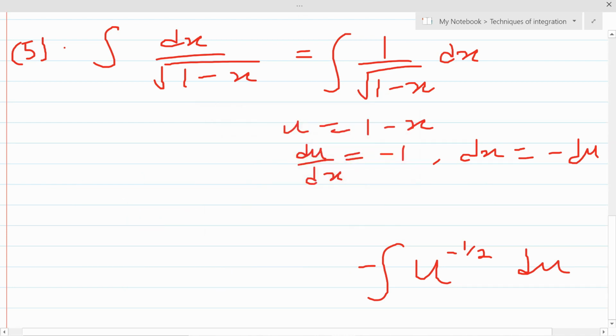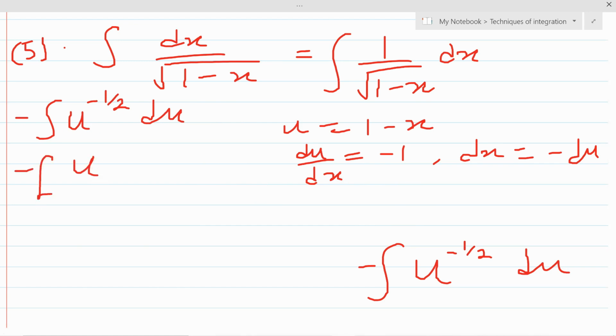Alright, so with this we are just integrating u to the negative half du. So negative of u to the negative half plus 1 over negative half plus 1, plus c.